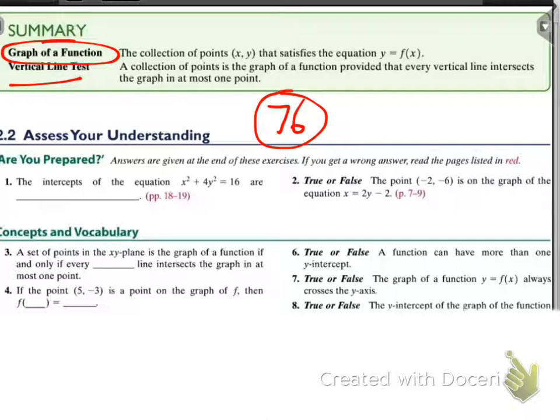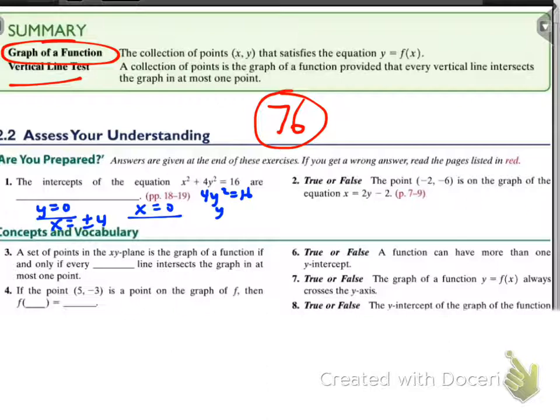And the answer for number 1, the intercepts of the equation here: x-intercepts means that we let y equal 0. So when y equals 0, x squared is 16, so x is equal to plus or minus 4. So those are the x-intercepts. When x equals 0, we get 4y squared equals 16.